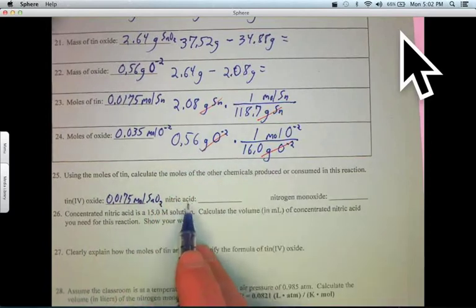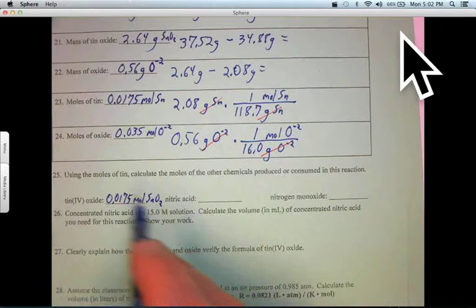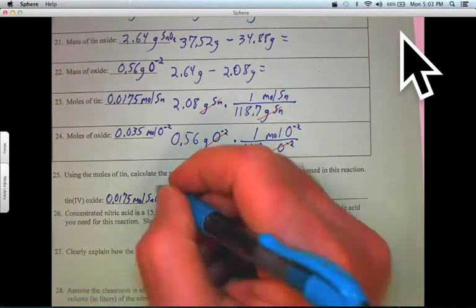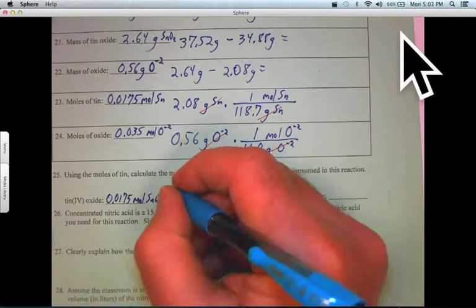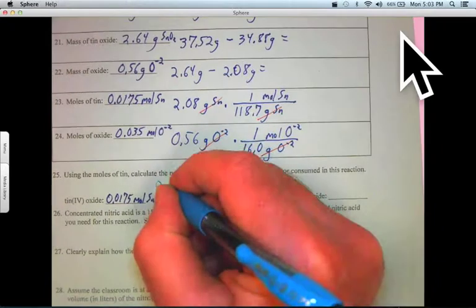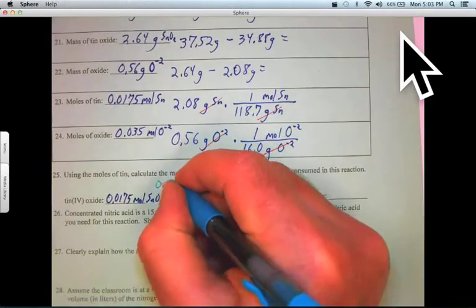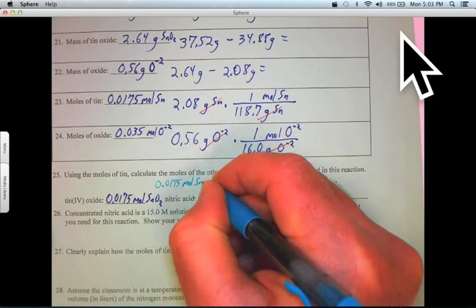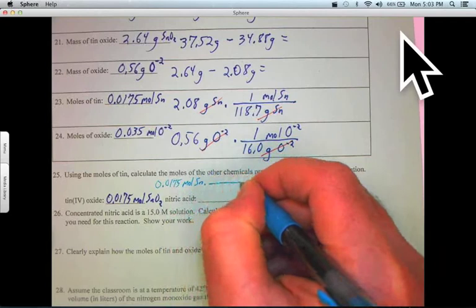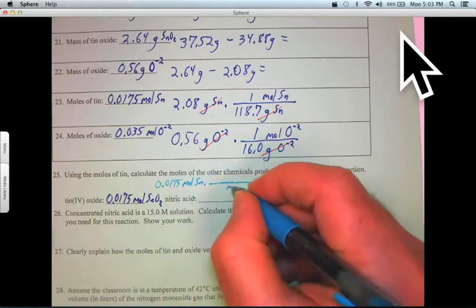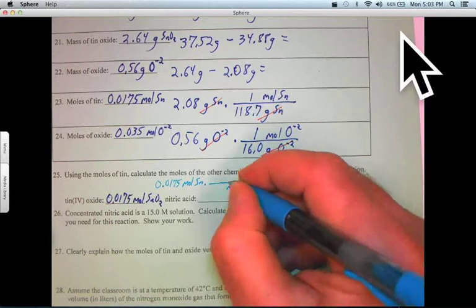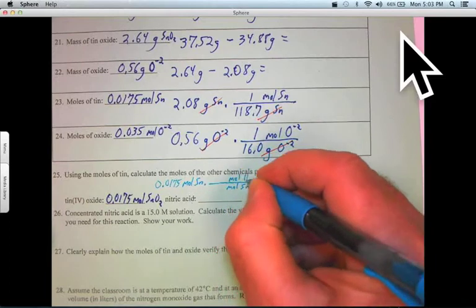Nitric acid. Now there we have to do a little calculation. Let's do this in another color. We take a given, our moles of tin, 0.0175 moles of tin, and we want to get from moles of tin into moles of nitric acid, so moles of HNO3.